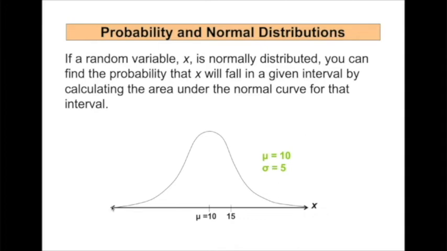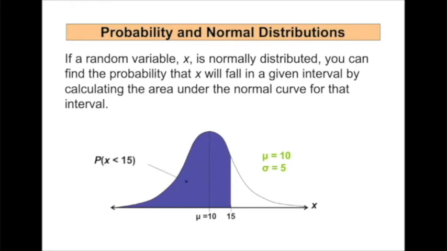So this is the normal curve, and the statement says you can find the probability that the random variable x will fall in a given interval. That means the x interval, by calculating the area under the normal curve.